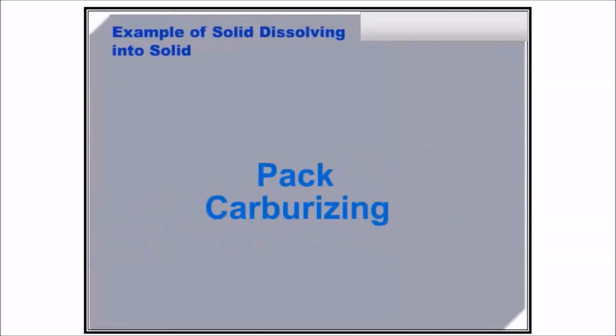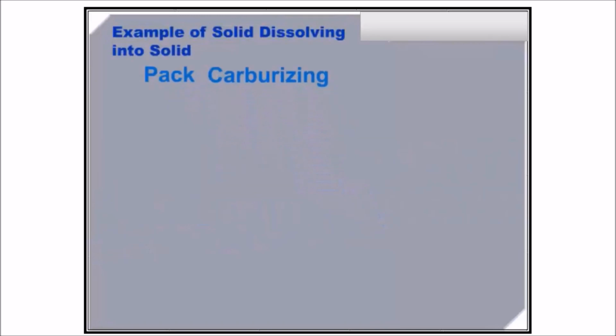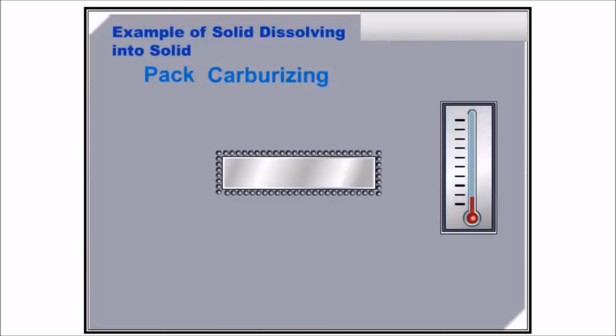An example of a solid dissolving into another solid is a method we use for increasing the surface hardness of a steel. If the steel is packed into a bed of carbon particles and then heated to a temperature of about 1600 to 1700 degrees Fahrenheit, which is well below the melting point of both the carbon and the steel, some of the carbon will diffuse or dissolve into the surfaces of the steel.